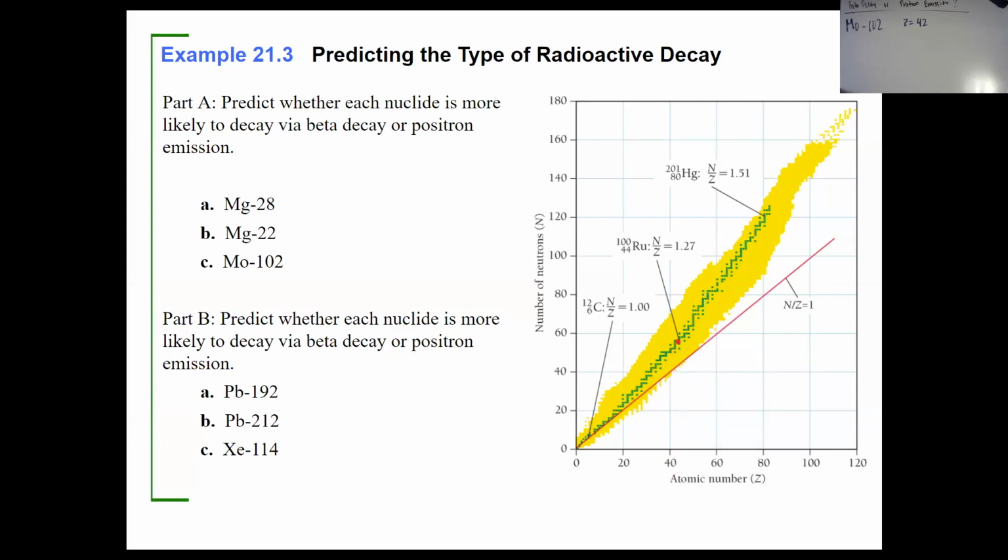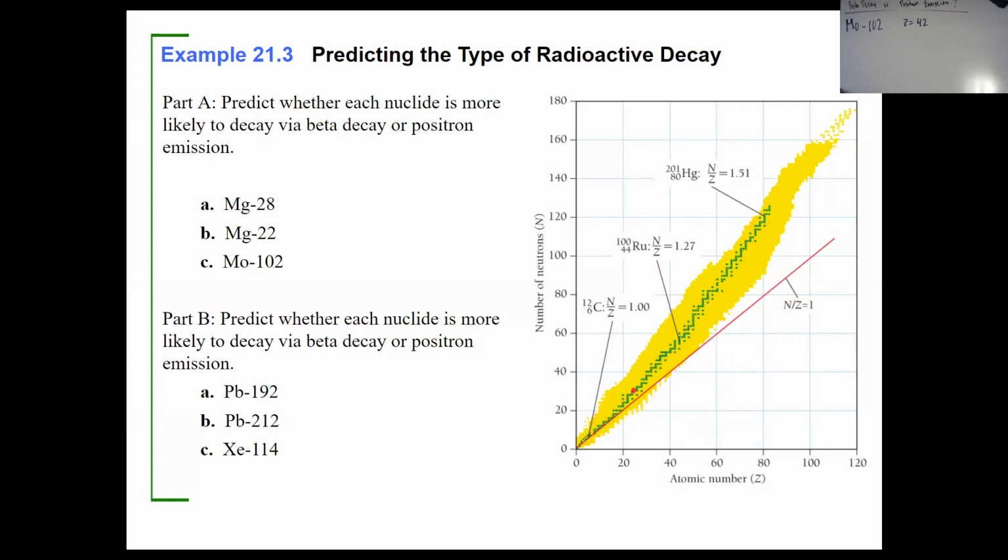I'll share the screen again. This green section here, these are our stable nuclei. The N over Z is only 1 for the smaller elements.